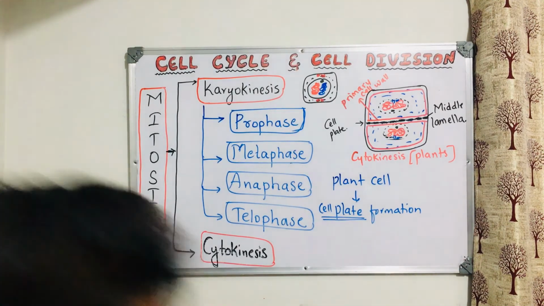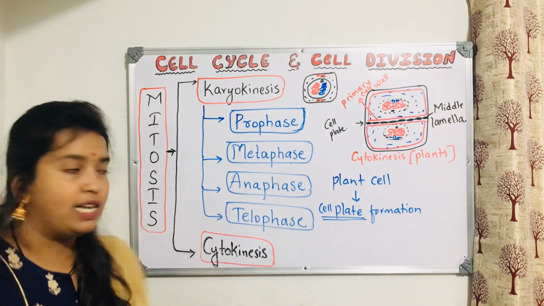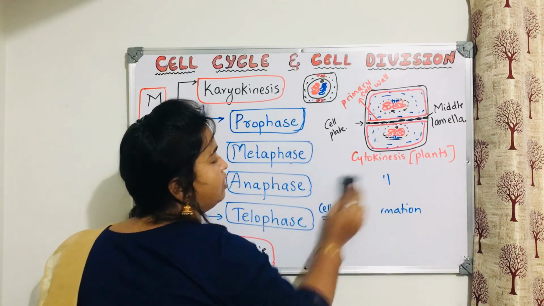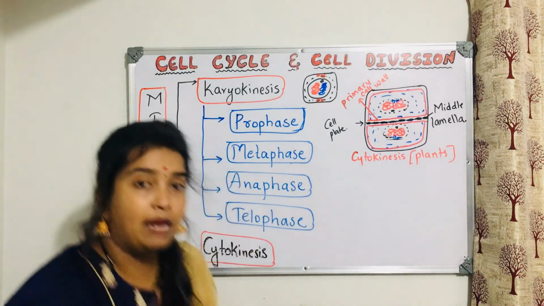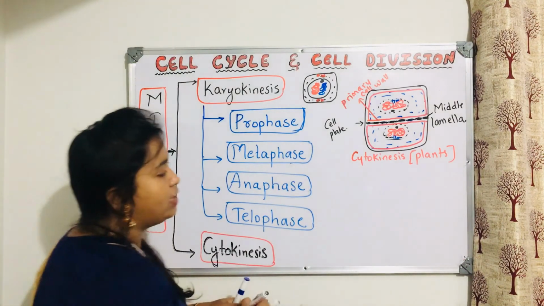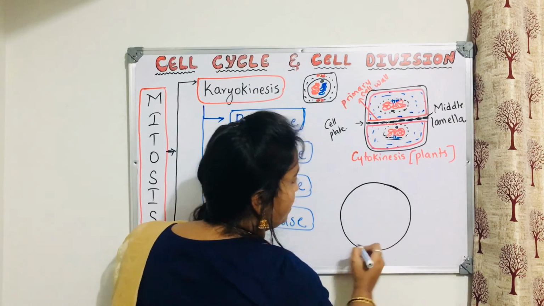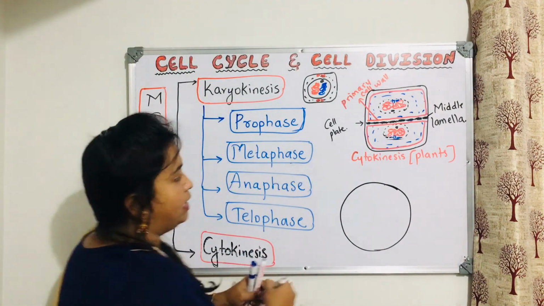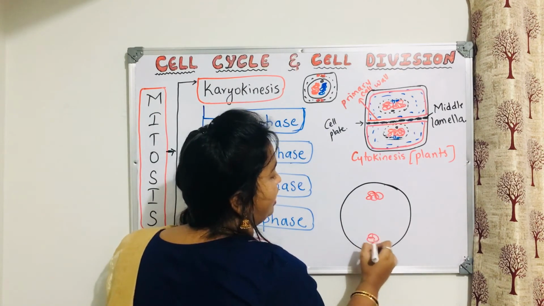Now, coming to the last part, we are going to see how cytokinesis takes place in animals. In the plant cell, it is cell plate formation, and the diagram is here as well. Now we will see how it takes place in animals. An animal cell, we usually show it round. Already we know that the DNA has loosened up like this.